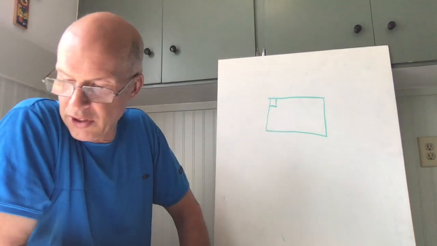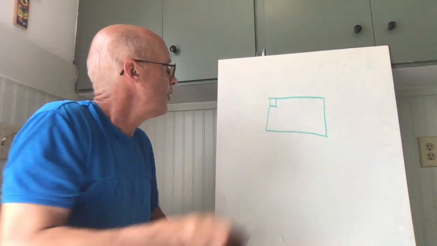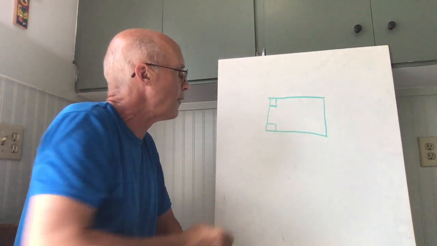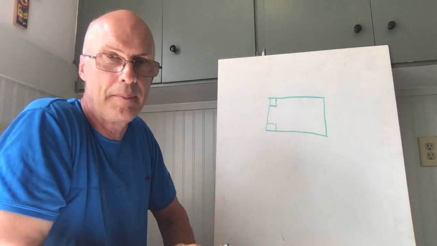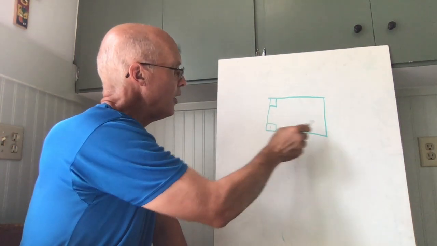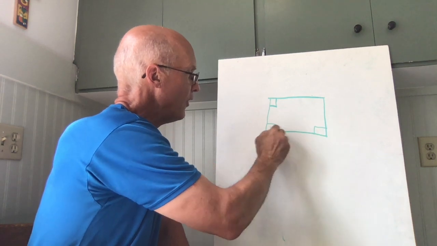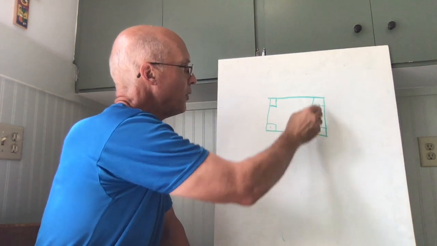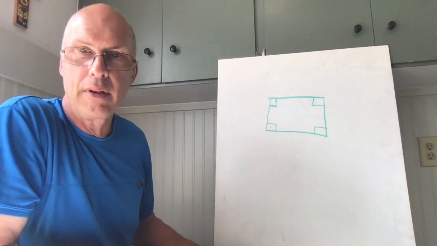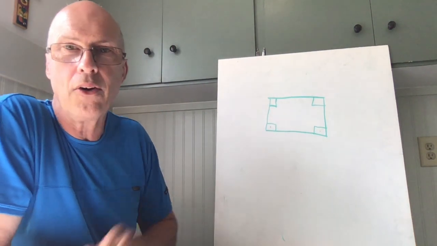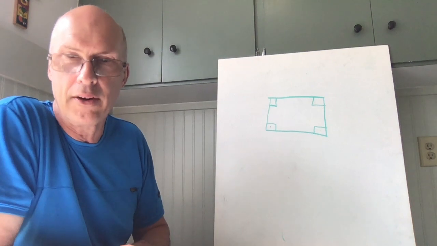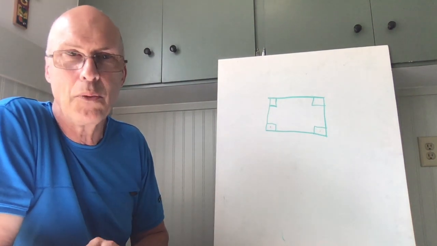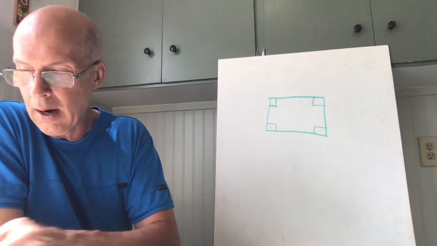The theorem we just did, 6.5, says that if this is 90 degrees, we know that this is 90 degrees. They have to add up to 180 degrees, right? If you know this one's 90 degrees, you know this one has to be 90 degrees because it has to add up to 180 degrees. And lastly, you know this one for the same reason. Okay? So one right angle makes the whole thing have right angles. And what would that be called? A rectangle. Okay? All right.